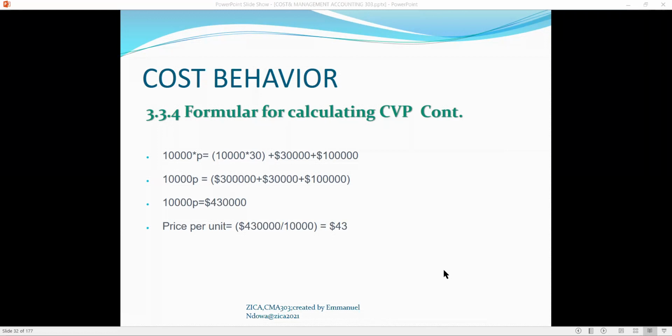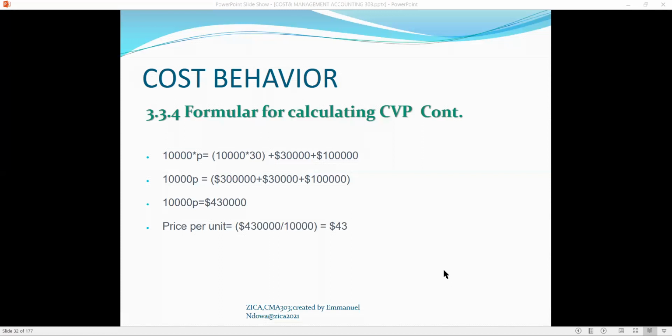If I give you a scenario where you have the price, the total variable cost, the total fixed cost and the total profit, can you come up with the units?